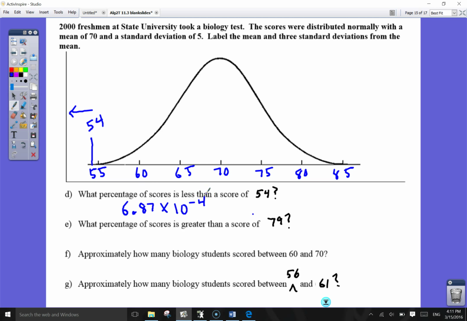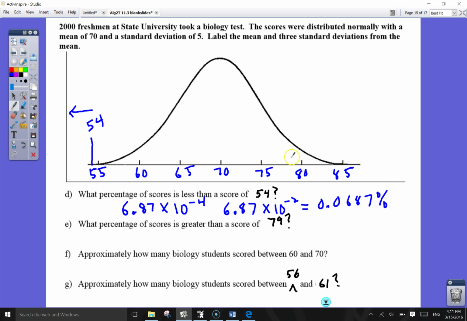If you want to turn it into a percent, you'd multiply times 100, 6.87 times 10 to the negative 2, which is 0.0687%.